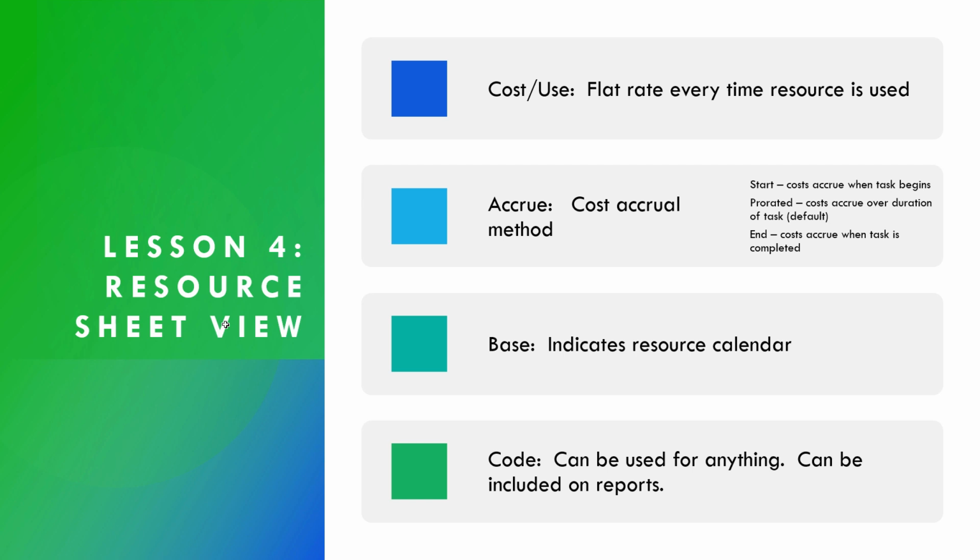The base field indicates the resource calendar that's being used. Typically, resources are using your project calendar, unless you need to make an exception for a resource, then Project will automatically create a resource calendar based off of the project calendar attached to your plan. And the code field is another free field that can be used for anything and can also be included on reports.